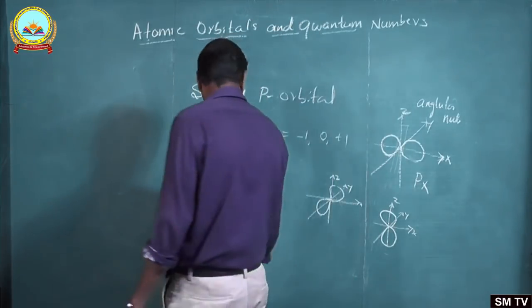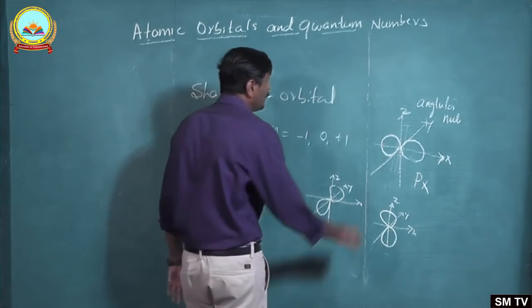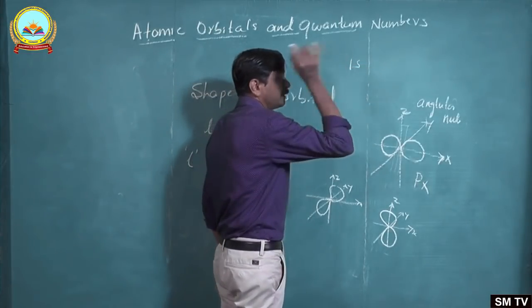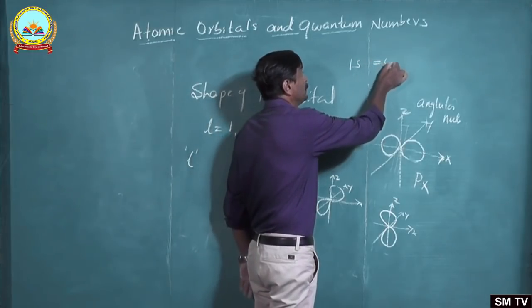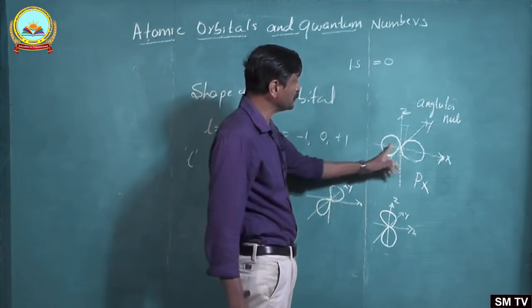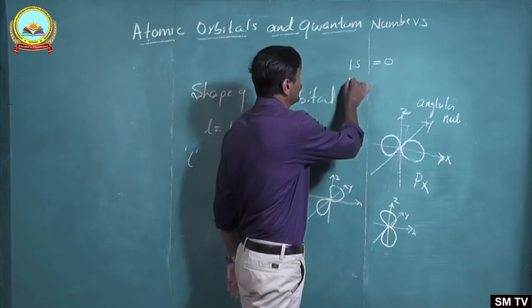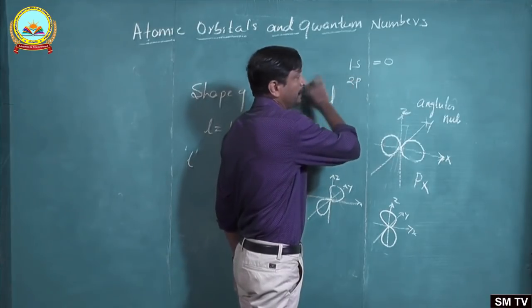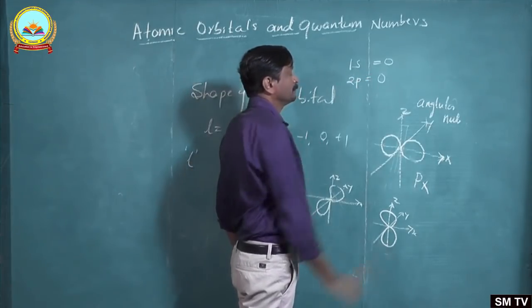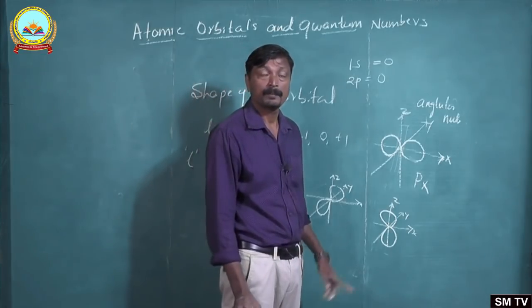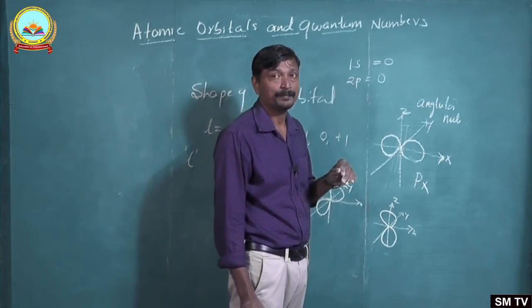So what about the radial nodes? For the 1s orbital, the number of radial nodes is 0. Similarly, the 2p orbital has no radial nodes, but it has one angular node.